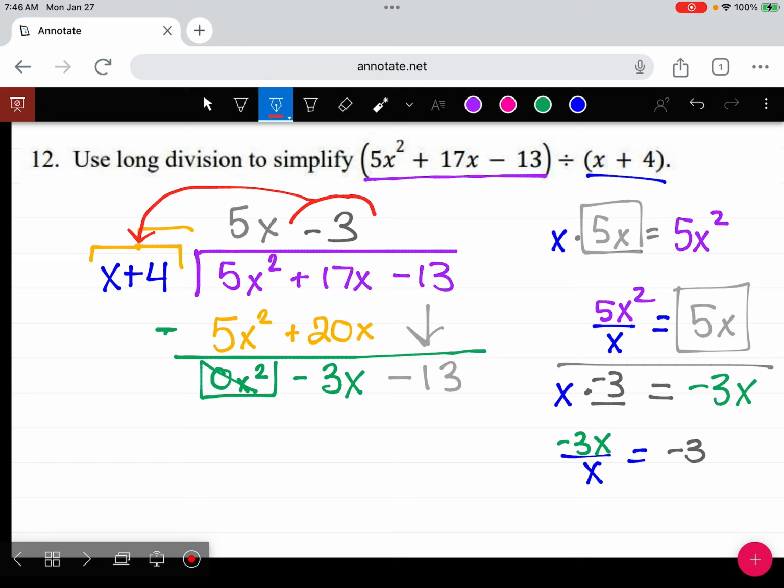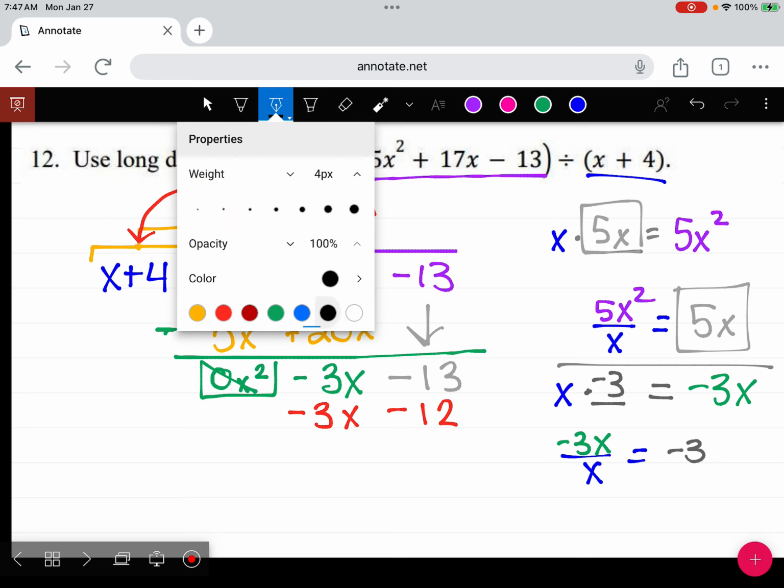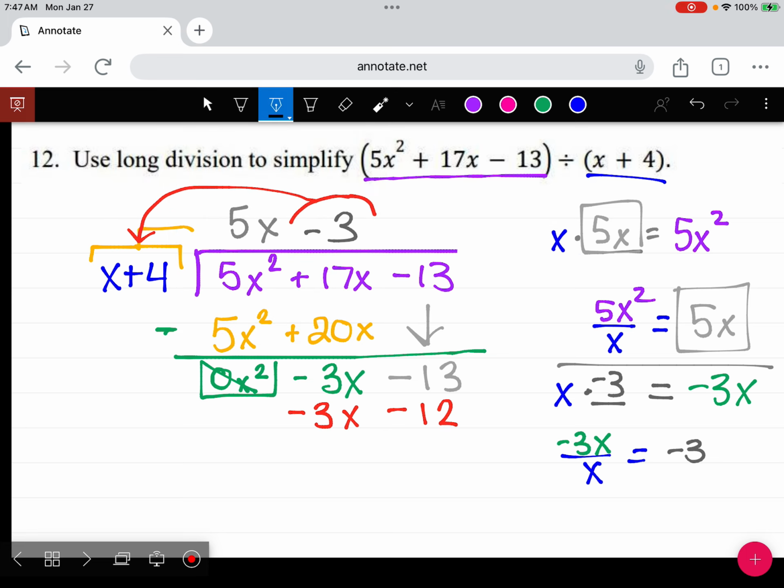So we're going to have our minus 3 times the x, and we get our minus 3x. And we have our minus 3 times the positive 4 to get minus 12. I know, it's icky. I'm sorry.